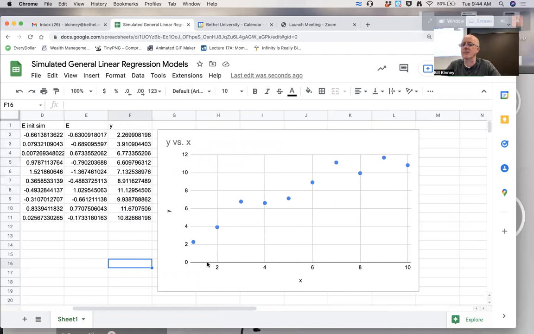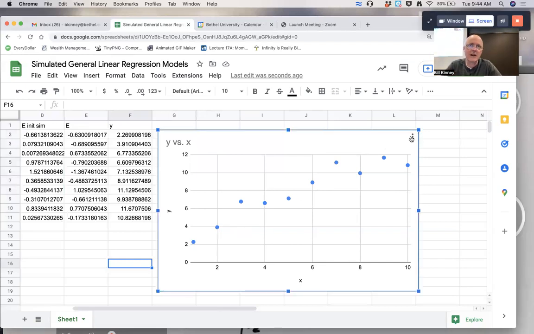It doesn't look too far from linear. I mean, yes, you can see a little bit of curvature to it, but most people would probably say, oh, maybe a linear model is not too bad, and then get a straight line maybe about like this. In fact, I could add the trend line. I'm not going to, but people would do that.